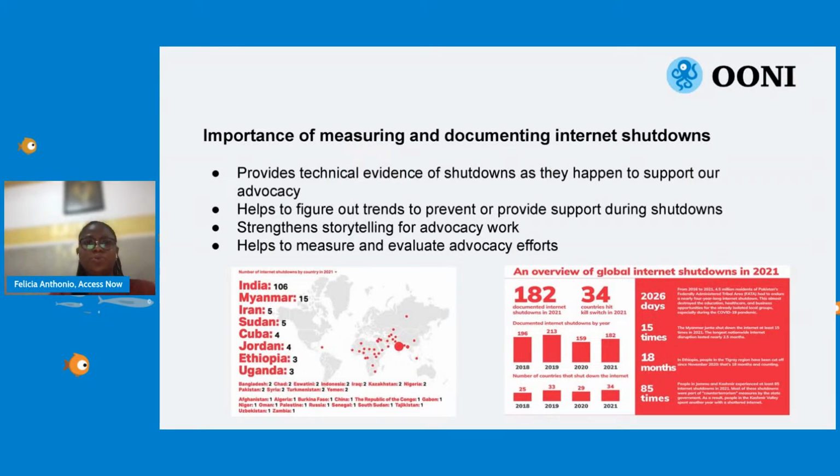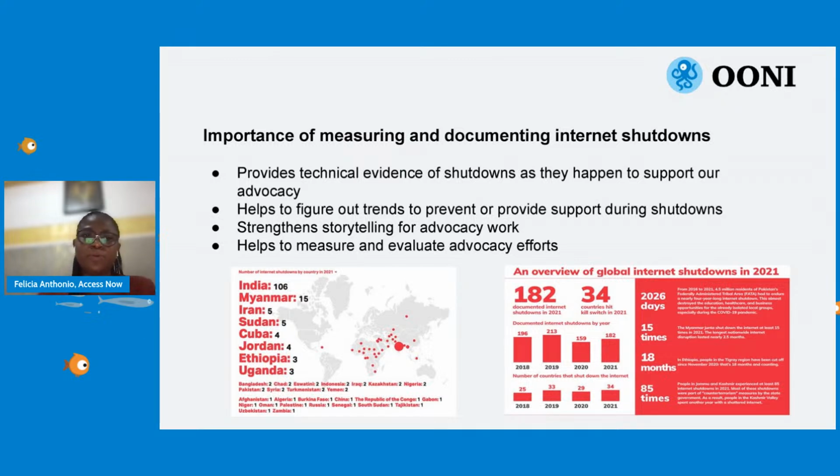So how do we use OONI? OONI provides technical evidence of shutdowns as and when they happen for our advocacy purposes. It helps to figure out the trends and provide support during shutdowns. So what kind of tools are being restricted?